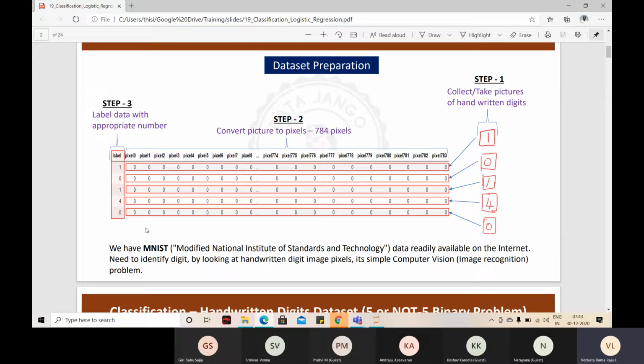That way, you'll have huge volumes of data for any problem, and building models becomes easy. Maybe some data pre-processing and cleaning activity might be there, but model building activity becomes easy.